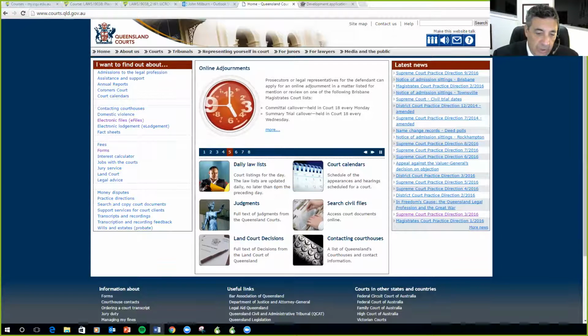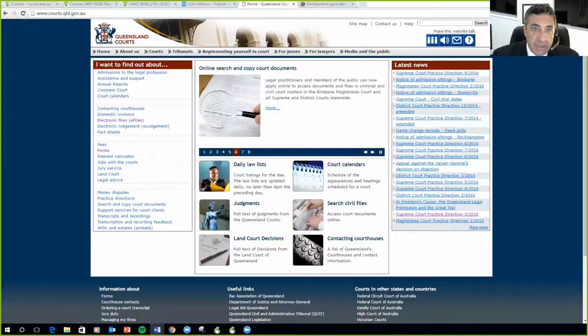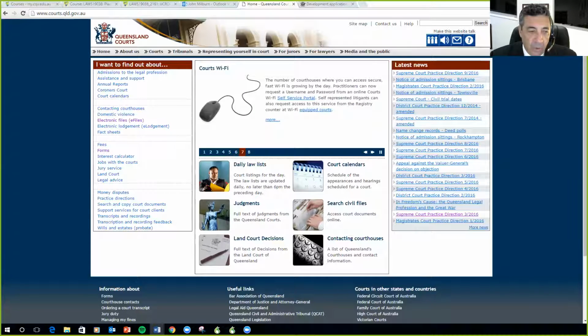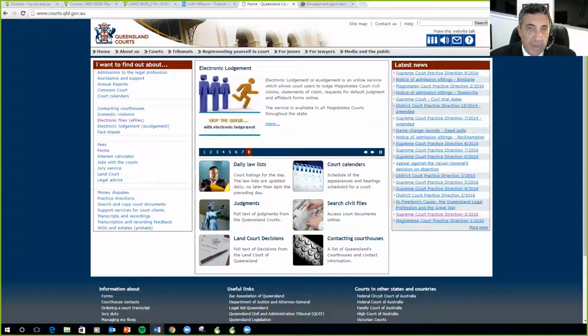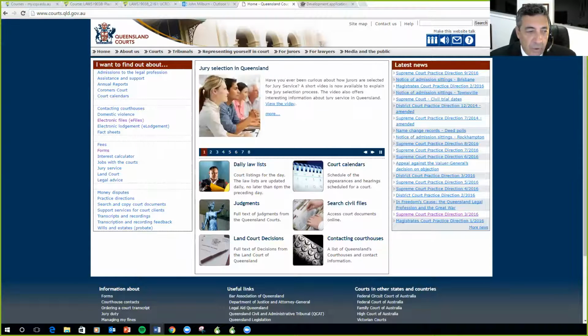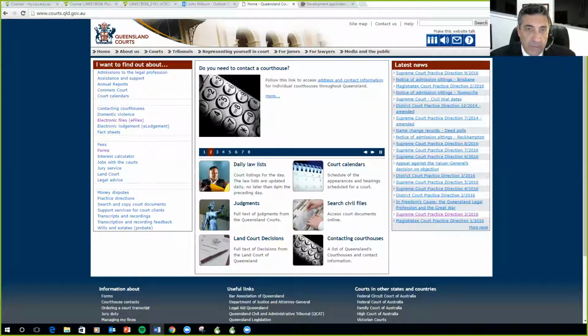The first thing that you'll notice is that it is not a merits review. It's a review based on arguments of law, essentially asking the Court of Appeal to make a decision to the effect that the Planning and Environment Court got something wrong. But before you can get your foot in the door, so to speak, in the Court of Appeal, you need to seek leave to appeal.